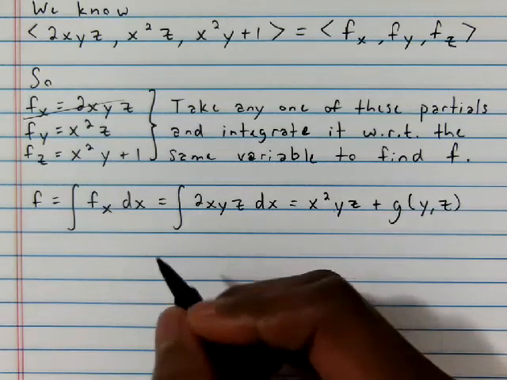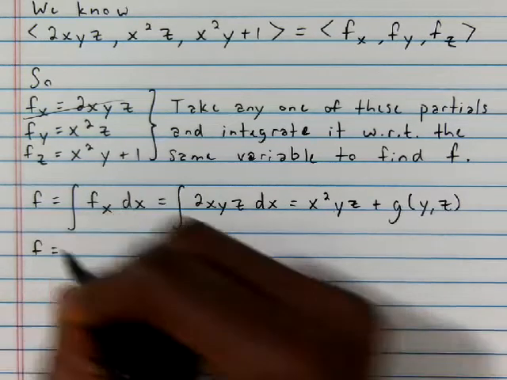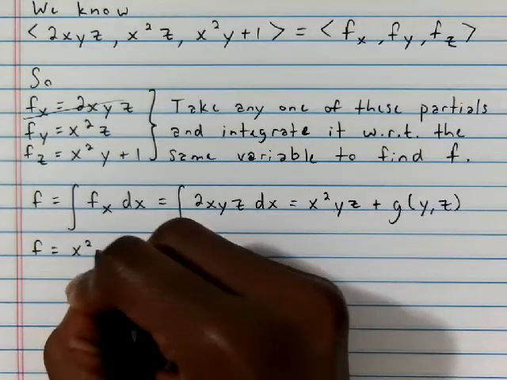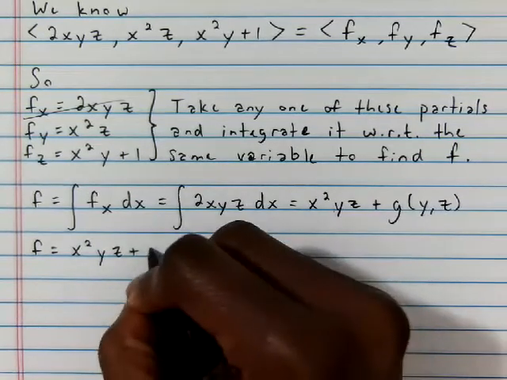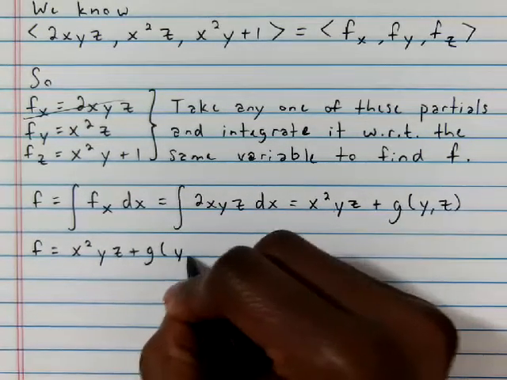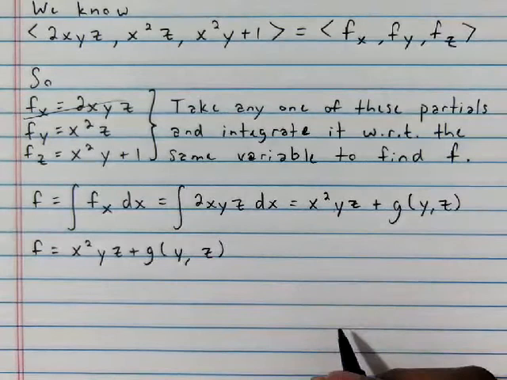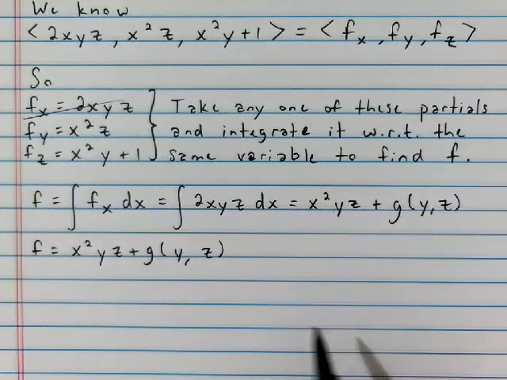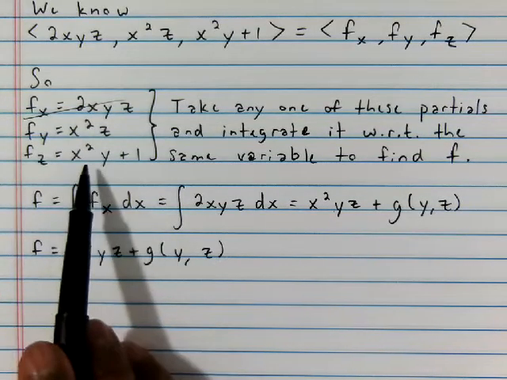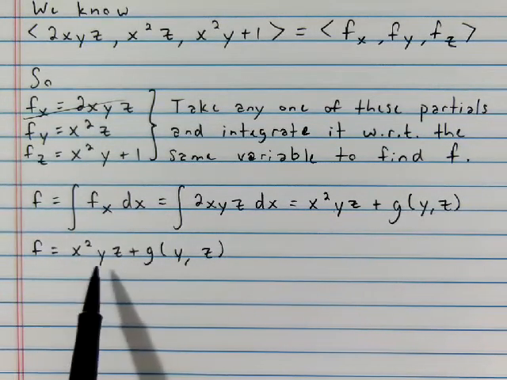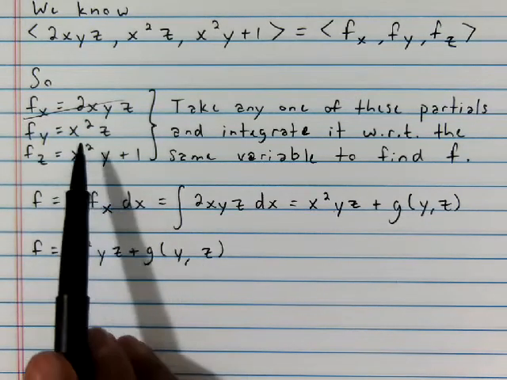So f is x squared yz plus g of yz. So now, at this point, I have f, and I know how to take partial derivatives. So I'll take a partial with respect to y or z, whichever one you want to, of this thing, and I'll set it equal to whatever that is up there.